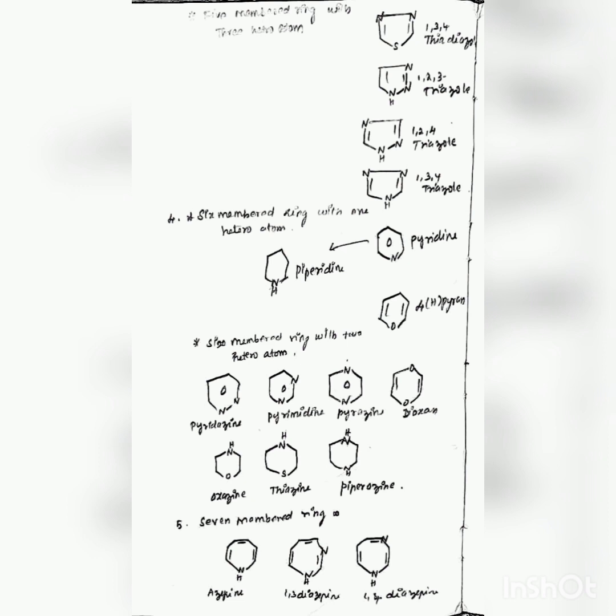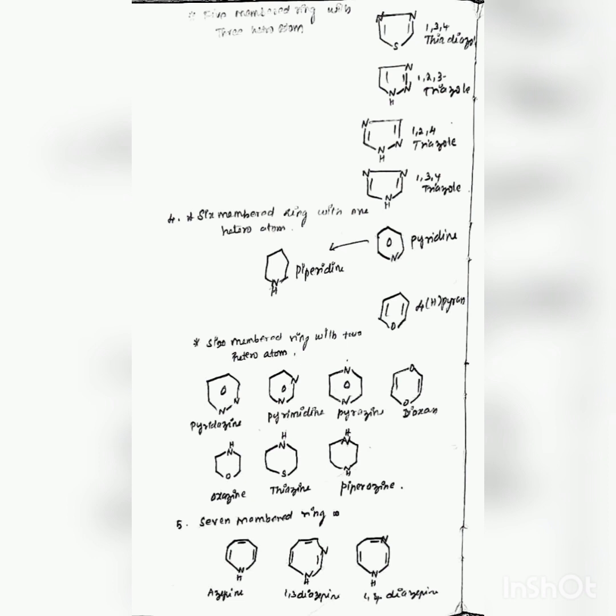If oxygen and nitrogen are present in the 1 and 3rd positions, then it is called oxazole. If oxygen and nitrogen are present in the 1st and 2nd positions, then it is called isoxazole. Similarly, in thiazole, sulfur and nitrogen are present in the 1 and 3rd positions. If they are present in the 1st and 2nd positions, then it is called isothiazole.